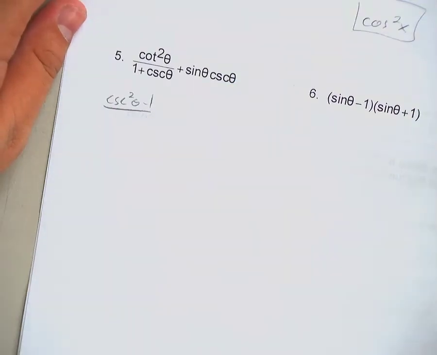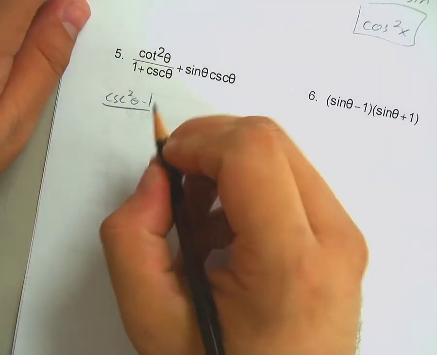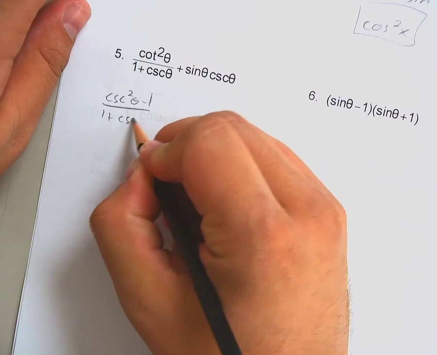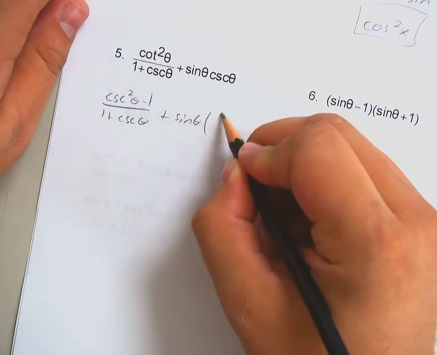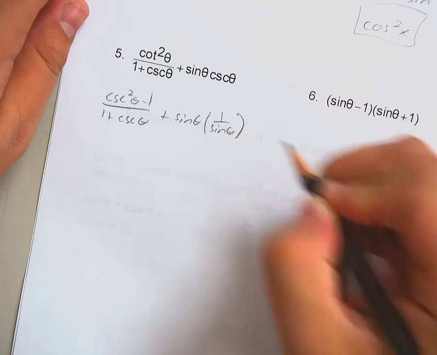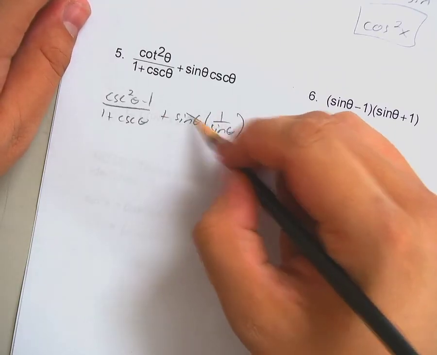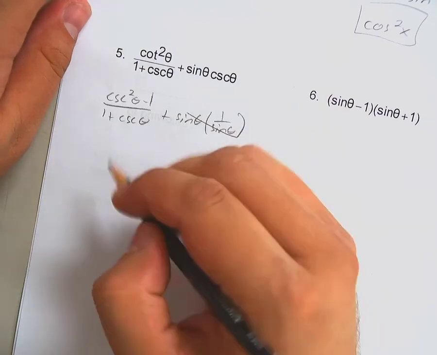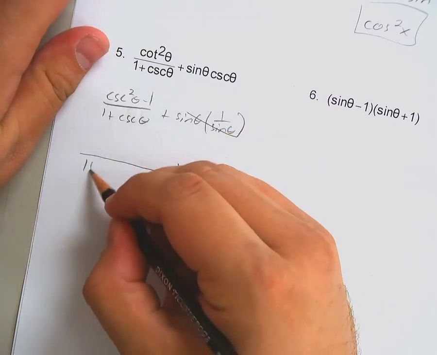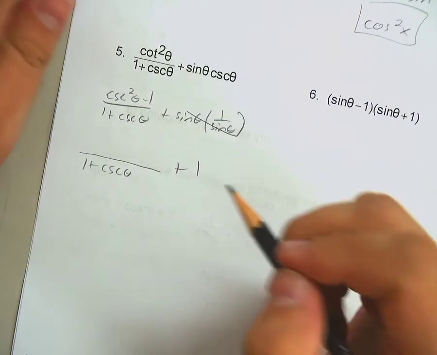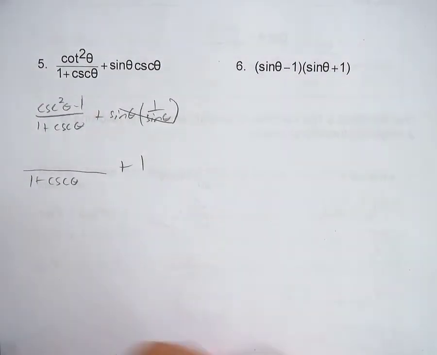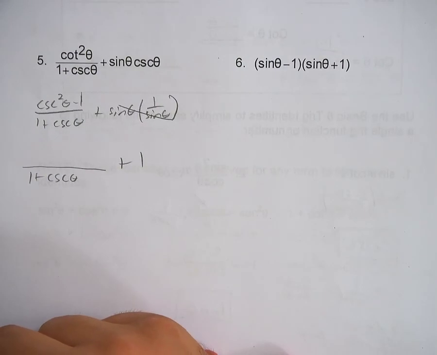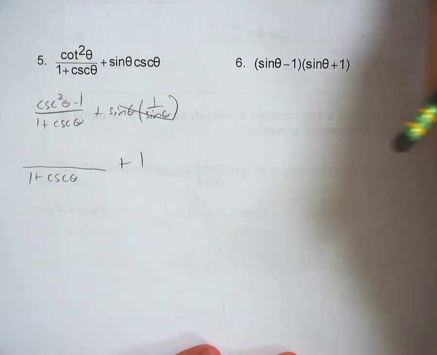Over 1 plus cosecant theta plus sine theta times 1 over sine theta. Well, that's all 1, right? So that's just going to be plus 1. Now here's the kicker. 1 plus cosecant theta. On the top, cosecant squared minus 1, that's a difference of 2 squares. Remember that formula from the front?